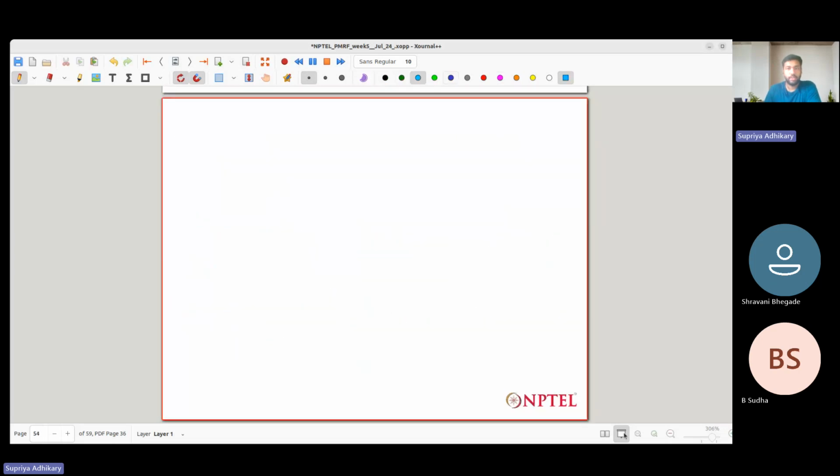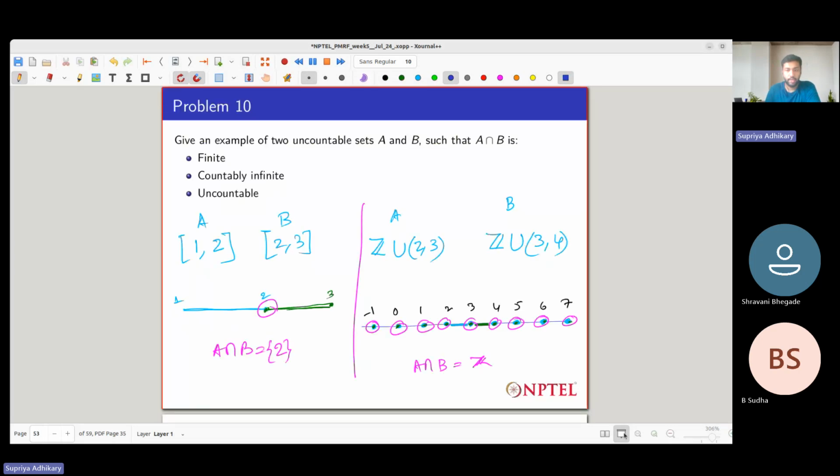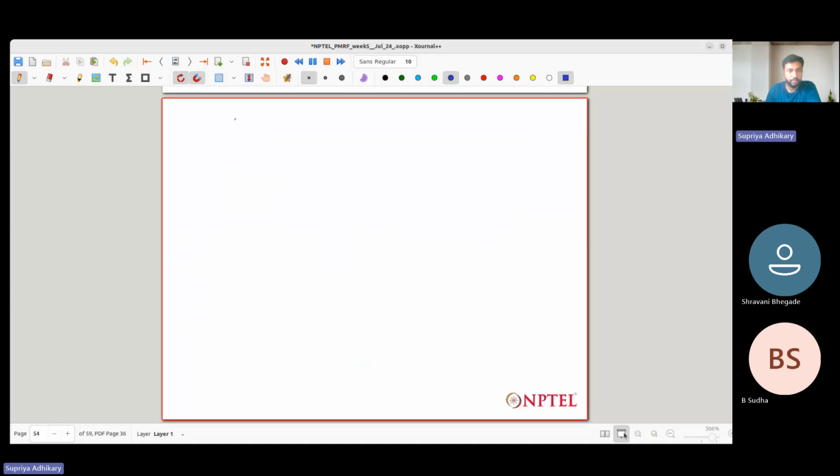So let's just take this set A. Consider this set A as Z union [2, 3], and B is also the same set, Z union [2, 3]. So basically A intersection B would be Z union [2, 3].